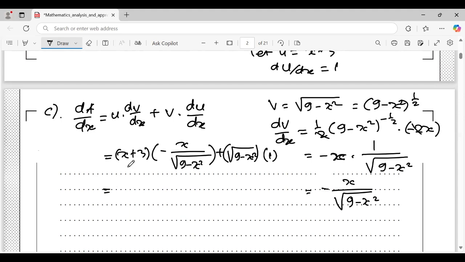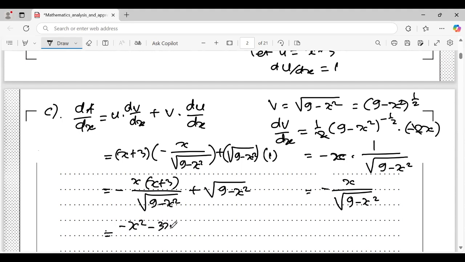So it becomes minus x times x plus 3 over square root 9 minus x squared plus square root 9 minus x squared. If you calculate this, minus x squared minus 3x over square root 9 minus x squared.